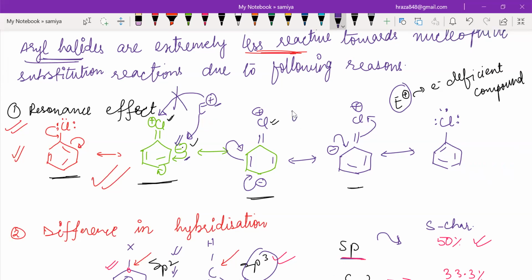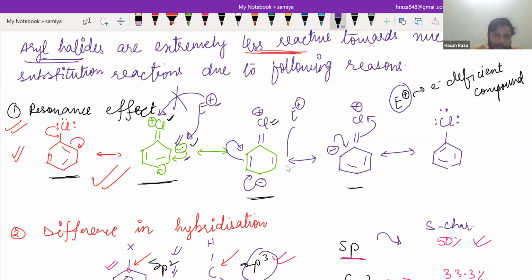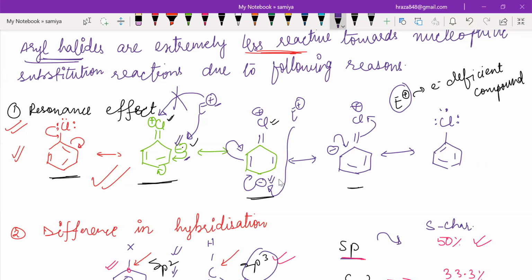Yes, sir. In this position, where will it attack? It will attack here because it is the position where the electron rich species is present. Can you see any negative charge at the meta position in this resonance? No, sir. So that's why meta is not possible here.